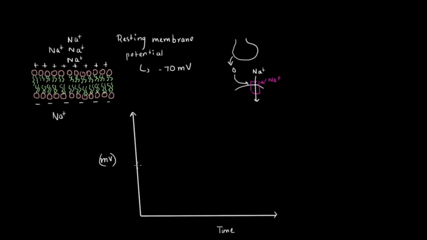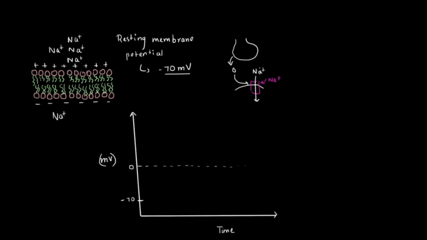So let's say this is 0 millivolts and our resting membrane potential is somewhere around here, which is negative 70.